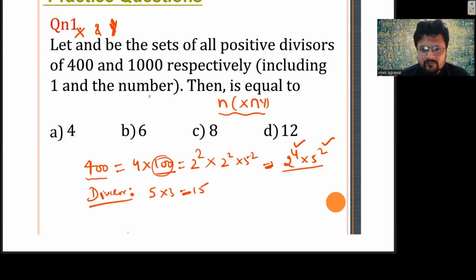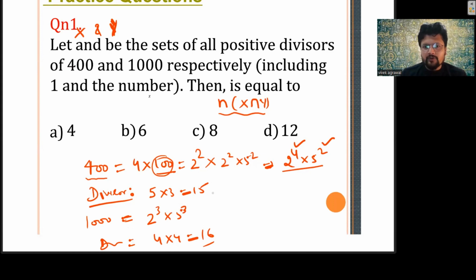Now, for 1000, which is 2 cube into 5 cube, the number of divisors will be 4 into 4, that is 16. So suppose I find the total divisors, 15 and 16, and then look at what is common between them. It will take a lot of time, right?